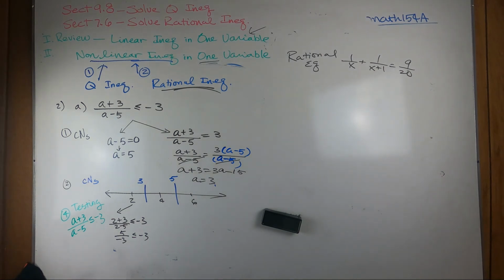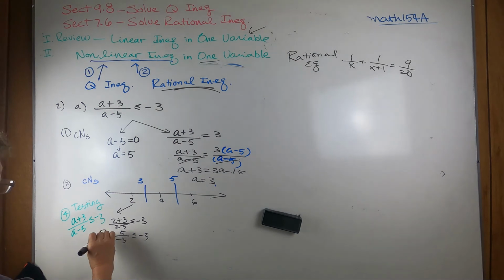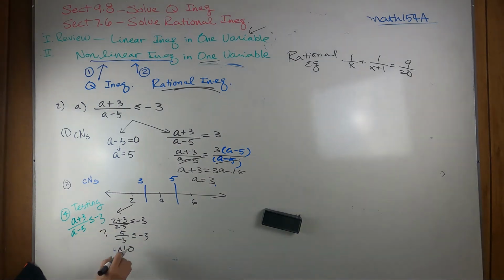You better do better than this to figure out which one is bigger, which one is smaller. That's -1 point something, and -1 point something is not less than -3. No.